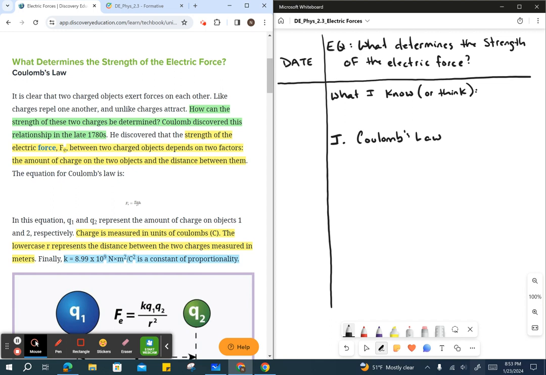So we'll go ahead and write out the law here. Hopefully you see some similarity to another law, the force of gravity. So here we go. Force electric is equal to K times charge 1 times charge 2, and all that is going to be divided by the distance squared between them. This is the electric force.